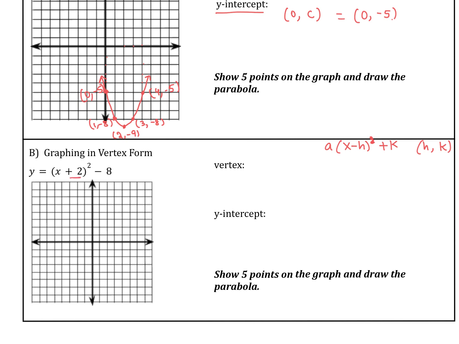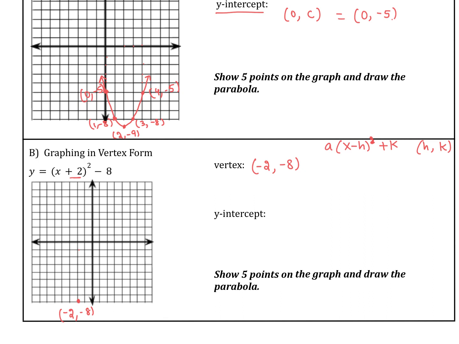If it's negative, you're going to list it as positive, but if it's positive, you're going to list it as negative: 2 comma negative 8. To plot the point, you're going to use negative 2 comma negative 8, so that's going to be this point right here, negative 2 comma negative 8, and that's the vertex.